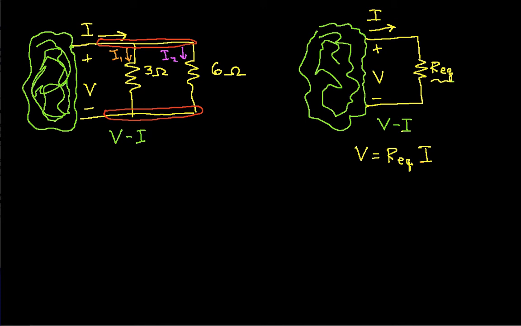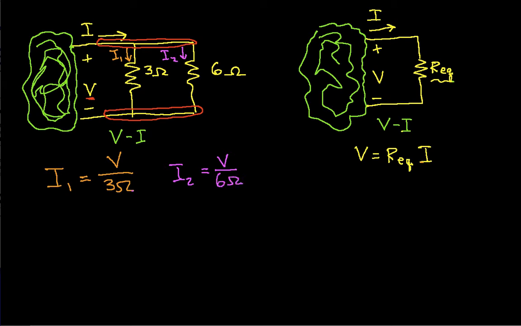So the voltage across both resistors is the same, and we've labeled it as V. What that means is we can say that I1 is equal to the voltage V divided by 3 ohms, and I2 is the voltage V divided by 6 ohms.